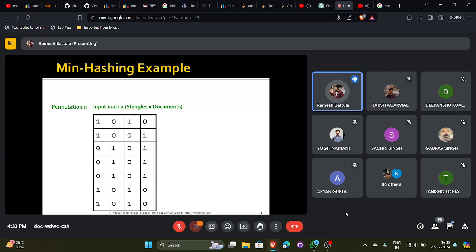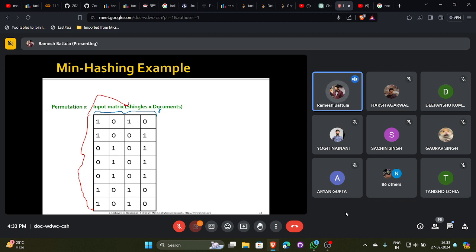Here you need to observe. This portion belongs to documents, am I correct? And this portion belongs to our shingles.